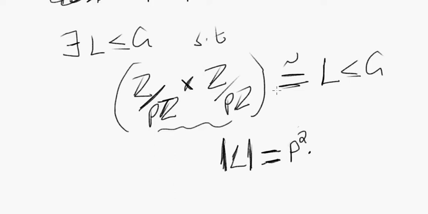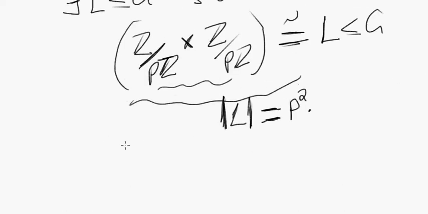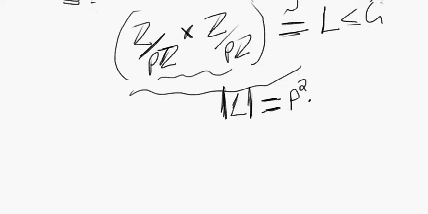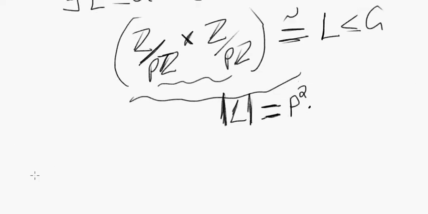Okay, if the order of L is p squared, so this seems like an approach, but again, how do we know that there is some subgroup of G which is isomorphic to Z mod pZ cross Z mod pZ? In particular, can we produce an isomorphism? Or if we can't produce an isomorphism, is there another way to show that two groups are isomorphic?